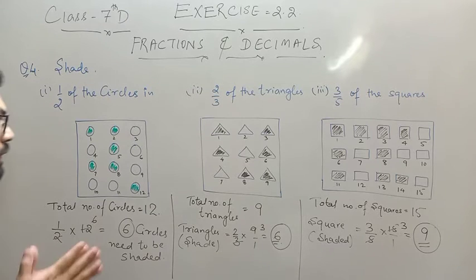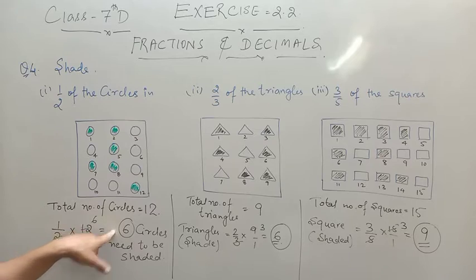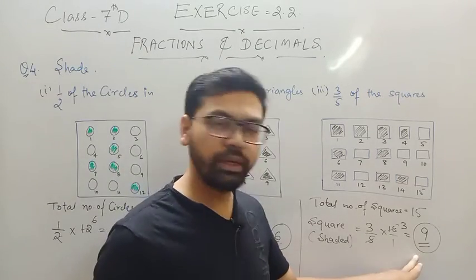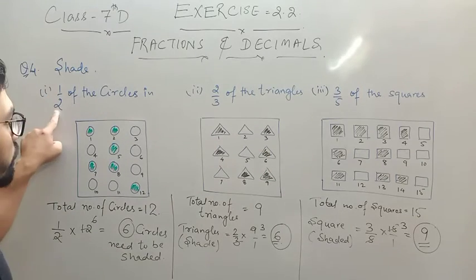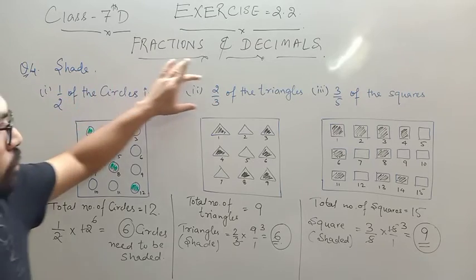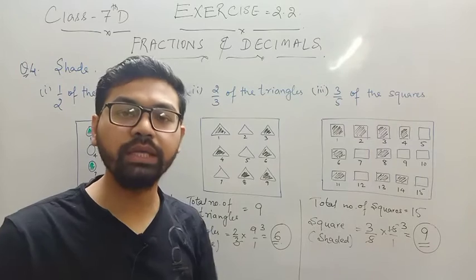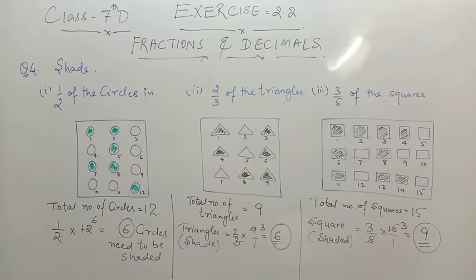I hope this thing is clear to you all. That is how I calculated 6 circles, 6 triangles, and 9 squares. So 1 by 2 of the total, 2 by 3 of the total number of triangles, and 3 by 5 of the total number of squares given in the boxes. Note it down fast.